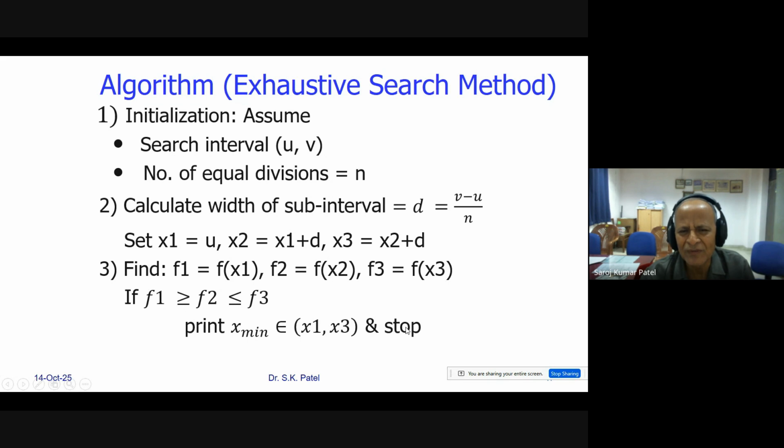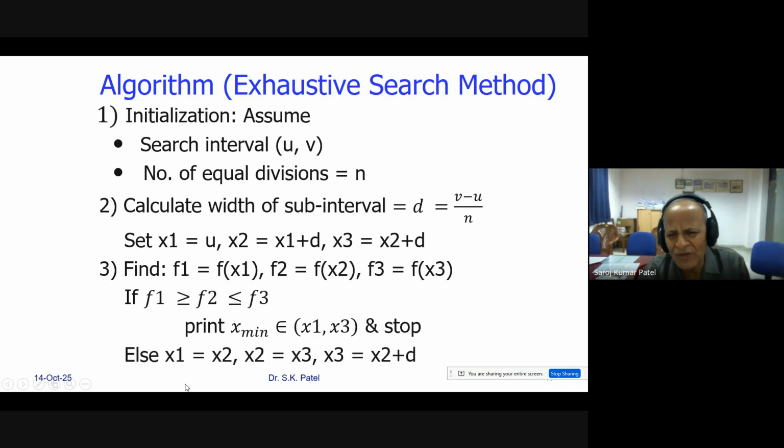So this is the step-by-step procedure. Otherwise, you move to the next consecutive points: x1 becomes x2, x2 becomes x3, and x3 becomes the new point, x2 plus d. Again we find f of x1, x2, x3, and continue till this condition is satisfied.